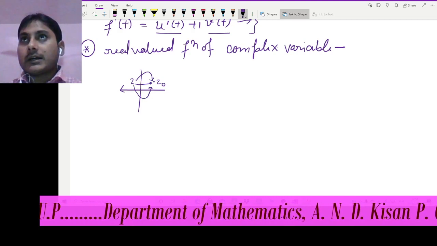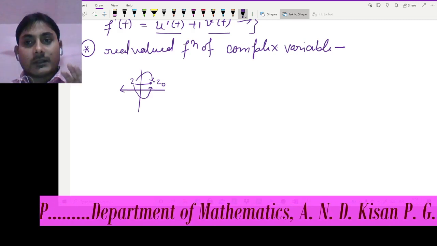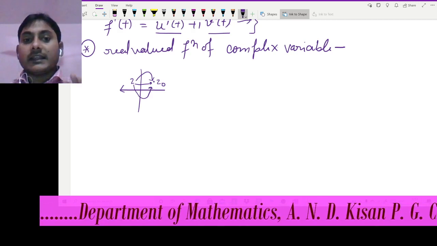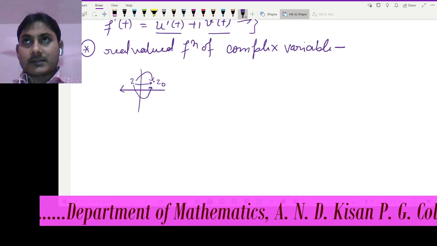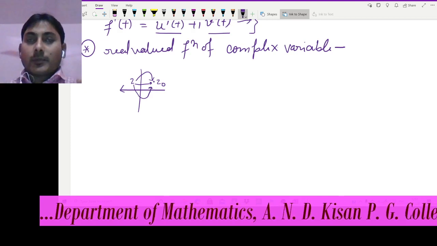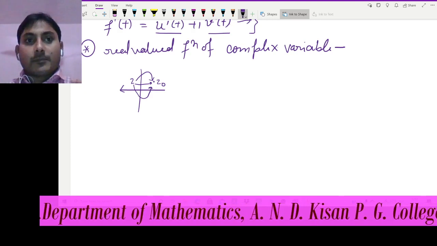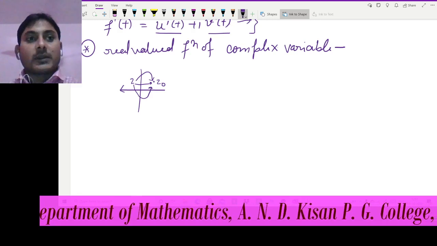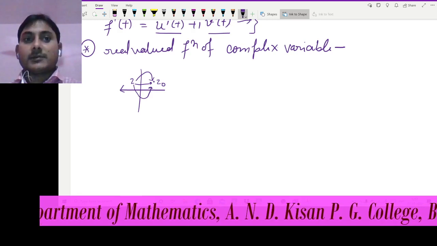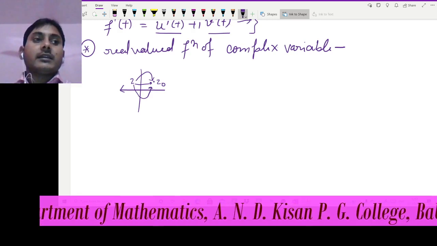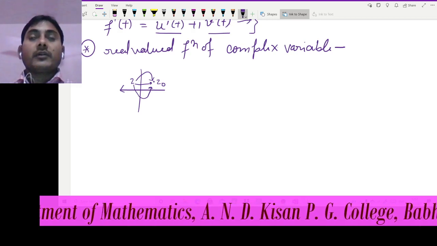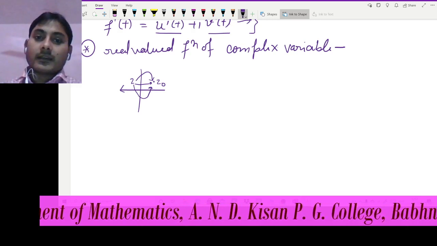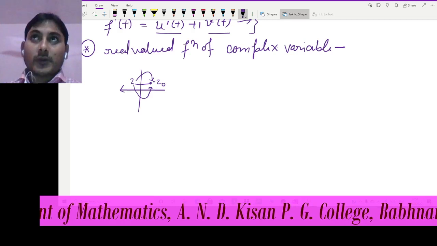So it is important to know that in the complex case, a complex number can approach the next complex number in different ways.